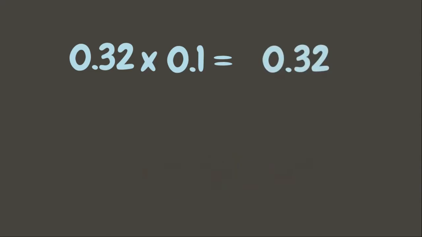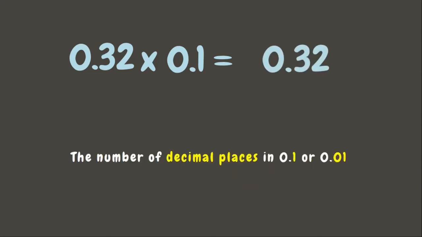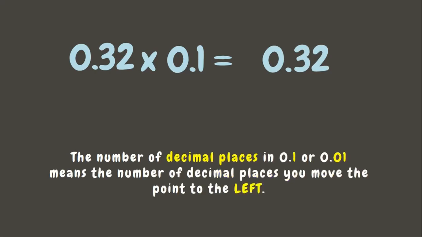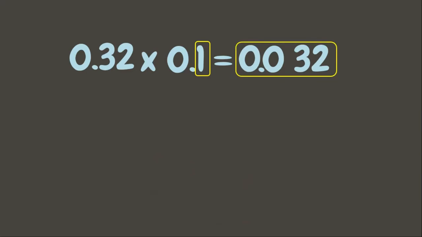And then the next step is the number of decimal places in 1 tenths or 100ths means the number of decimal places you move the point to the left. Since 1 tenths has 1 decimal place, therefore, we are going to move the decimal point 1 place to the left. There! Let's add 0. Now this is our answer.